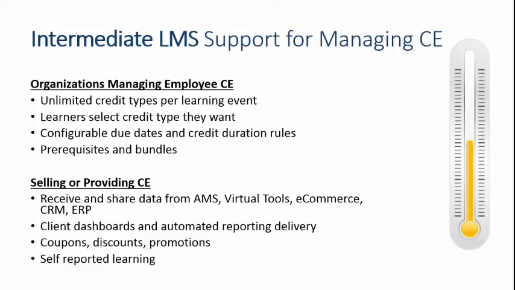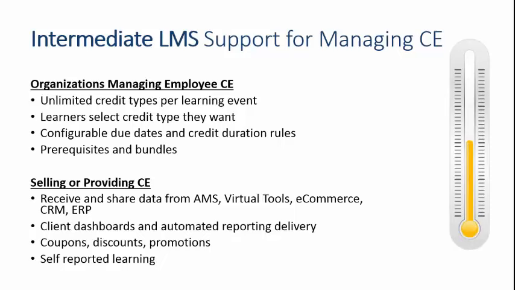The next layer of complexity is what Bill was talking about today, which is being able to identify rules and regulations for the different states and the different jurisdictions and lay those onto courses and have multiple types of credit available for the same course, and the user only gets credit based on information in their user profile, whether they're a doctor or a lawyer or a nurse, which would get them a different amount, and they're licensed in these states, so that would get them credits in these particular states.